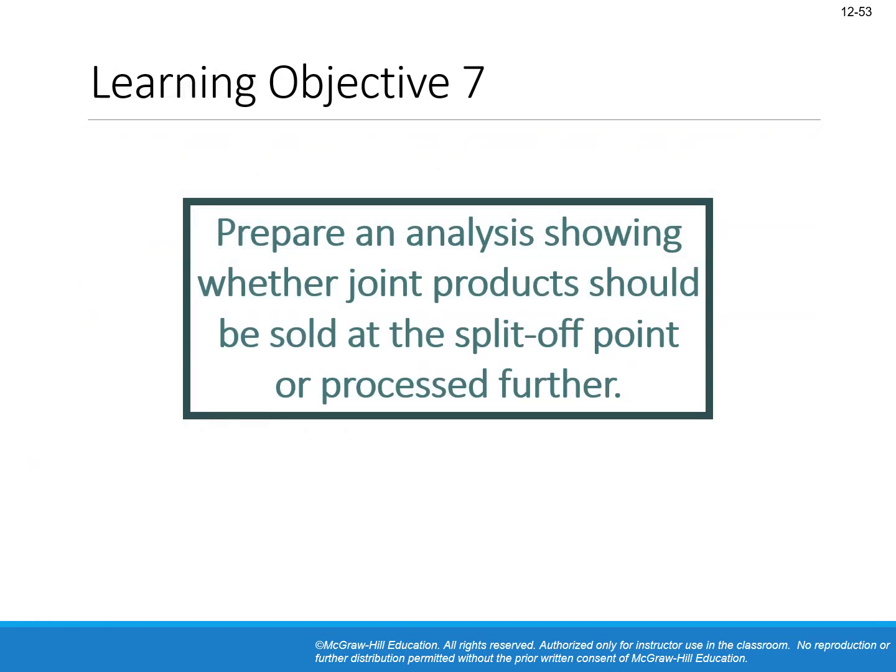Now, in our last learning objective, we will prepare an analysis that shows whether joint products should be sold at the split-off point or processed further. Joint products, let me give you an example. If you cut a tree, cutting the tree gives you 2 products, wood and dust, the dust of the wood.